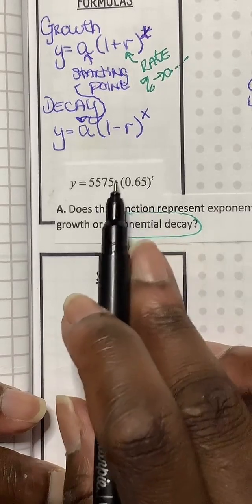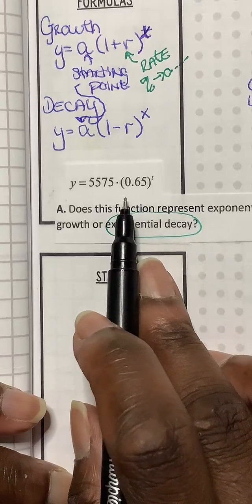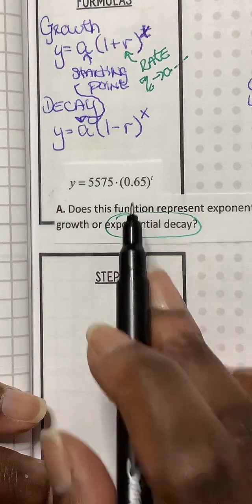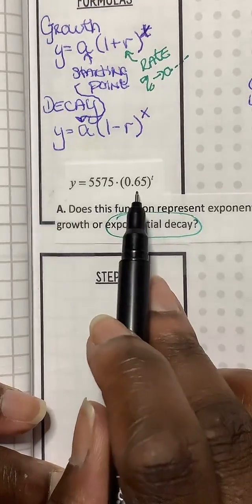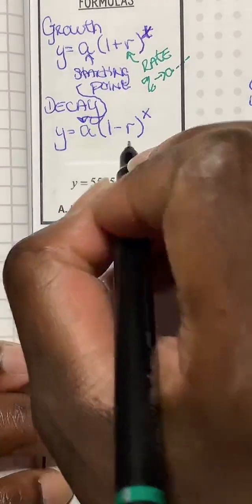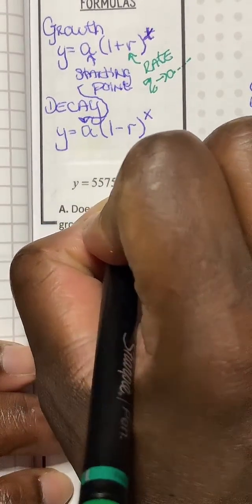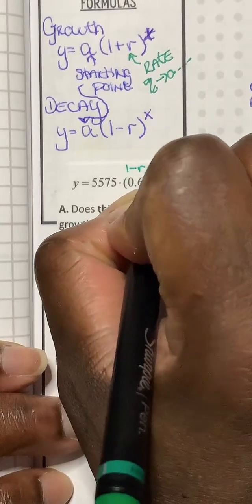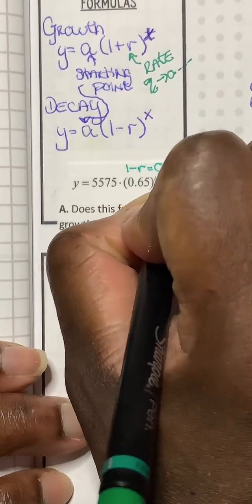And you can probably calculate how much that vehicle is going to cost after a certain amount of time. But in order for me to get that 0.65, I had to have 1 minus my rate equal that 0.65.